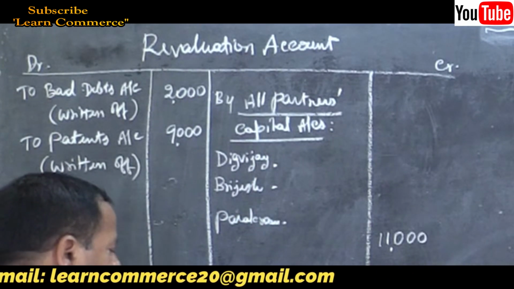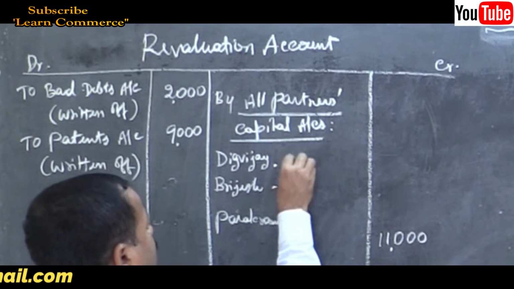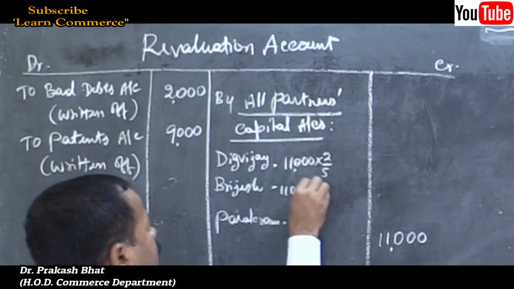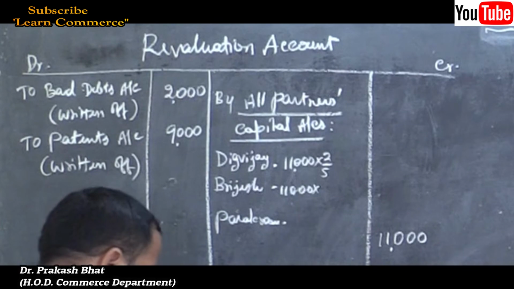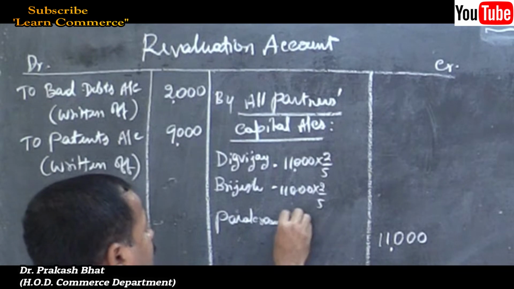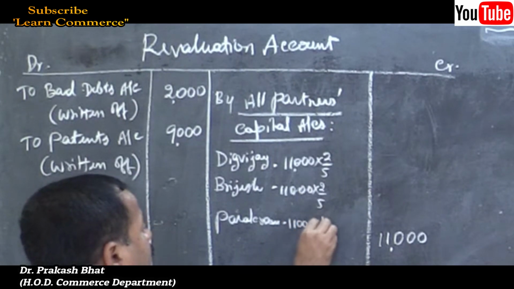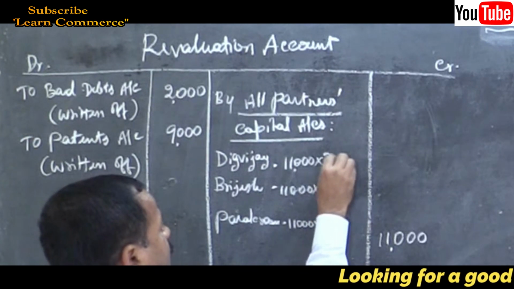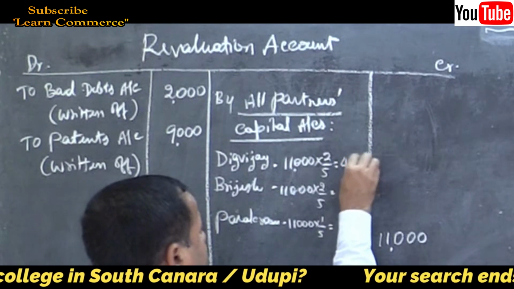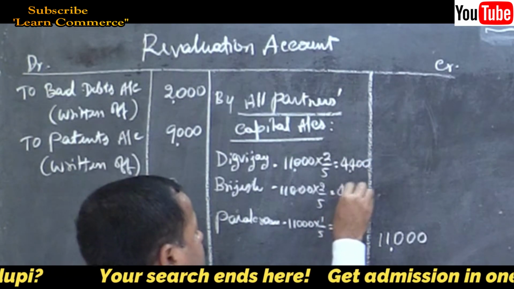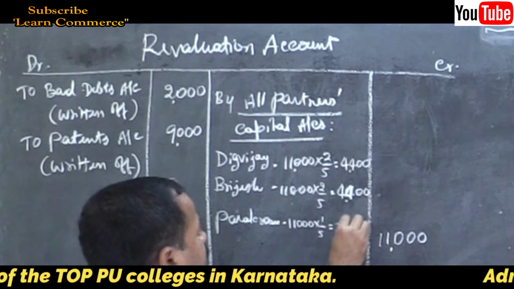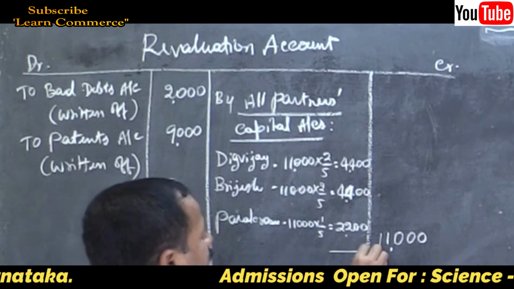Distribute 11,000 in the old ratio, 11,000 into 2 by 5, 2 by 5, and 11,000 into 1 by 5. Write the amounts: 4,400, 4,400 and 2,200.